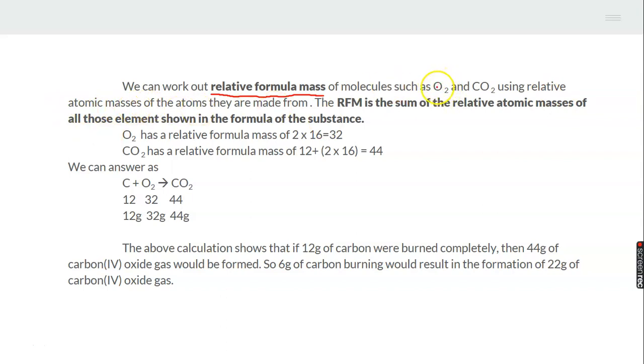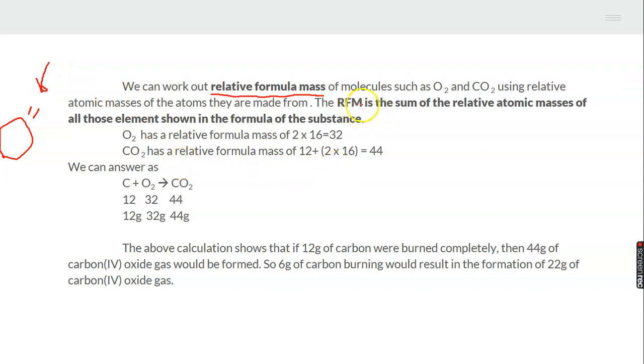For instance, oxygen gas contains 2 atoms of oxygen. This is what I do right here. So I have O2 as a relative formula mass of what? That's 2 times 16. Our oxygen any day, anytime has relative atomic mass of 16.